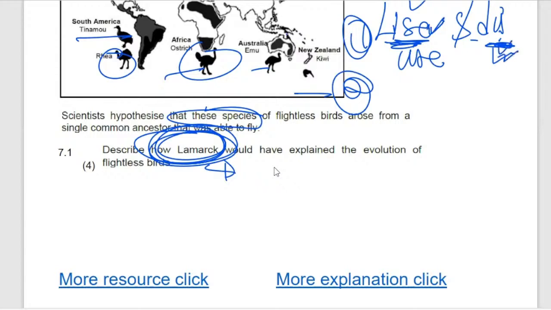You see, frequently, the trunks became bigger. You understand? And then they passed this character of big, long trunks to the next generation. That's now the inheritance of the acquired character. Don't just tell me that they passed the character to the next generation. Which character? They passed the character of big trunks. In the earlier case, they passed the character of not being able to fly to the next generation.